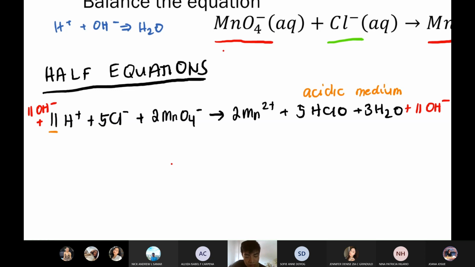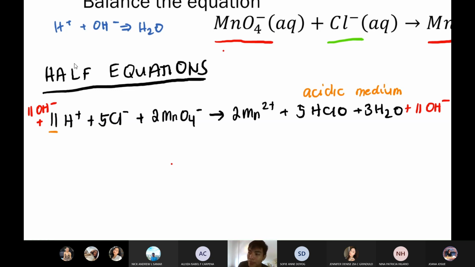Isang H, isang OH. So, pagsamahin mo sila. Okay? So, kung 11 yung H plus mo, 11 din dapat OH mo. And again, to maintain equality, kung ilan yung OH na nilagay mo, ganun din sa kanan. Baka magtampo yung kanan eh. Okay? So, kung ilang OH ilagay mo dito, ganun din sa kanan. So that the equation, pag kinancel out mo yung OH, the same pa rin.